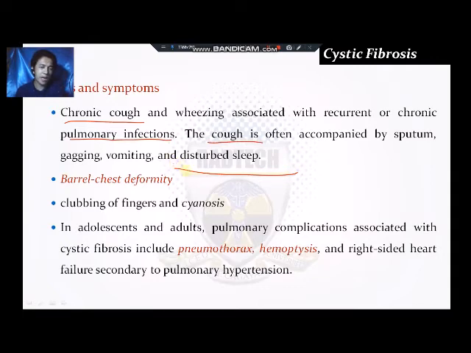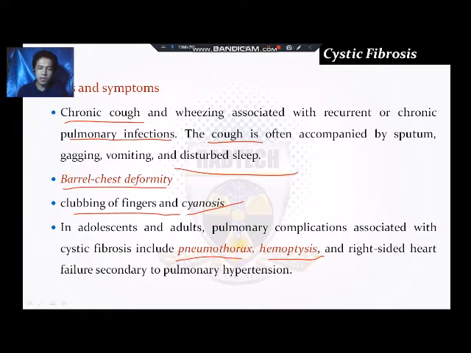If chronic na ang cystic fibrosis, the most common signs are barrel chest deformity, clubbing of the fingers, and cyanosis of the body parts.